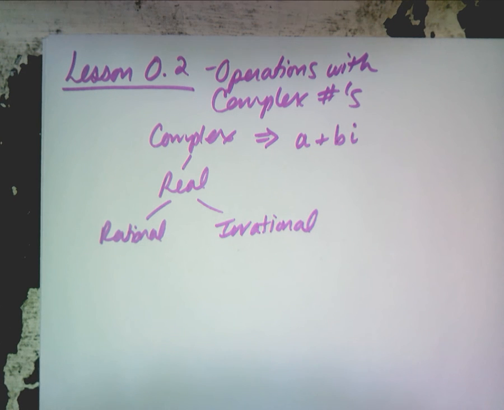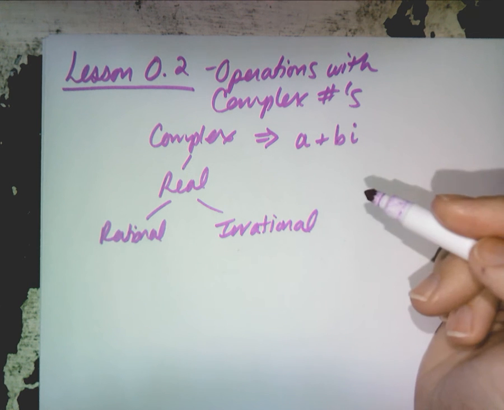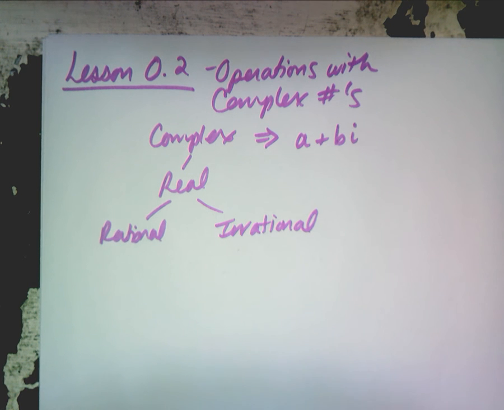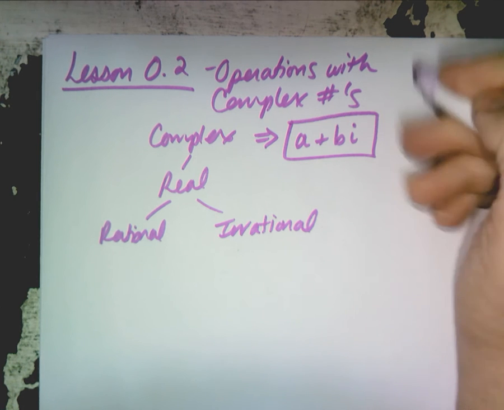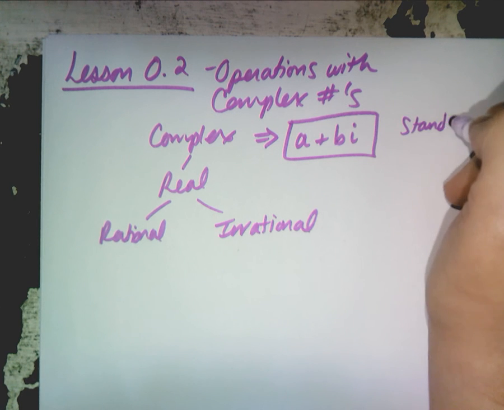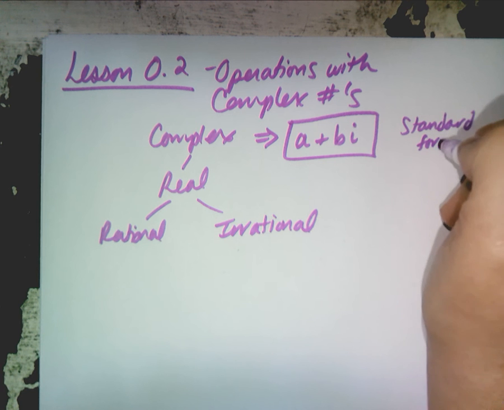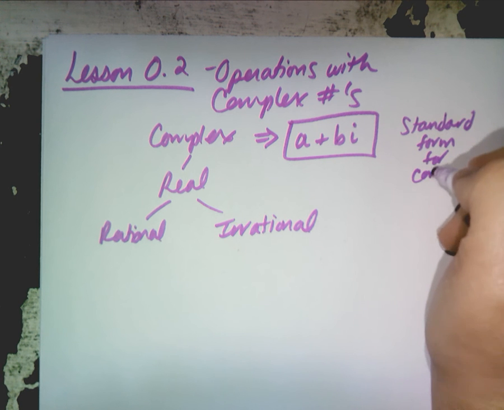That's usually your standard form. And notice how I did my i, it's like a scripty i, okay? This is your standard form for complex numbers.